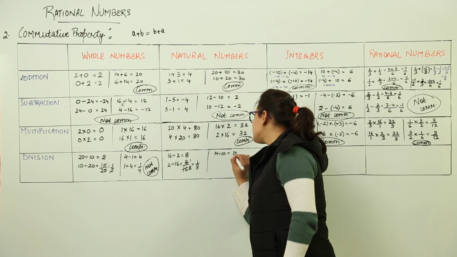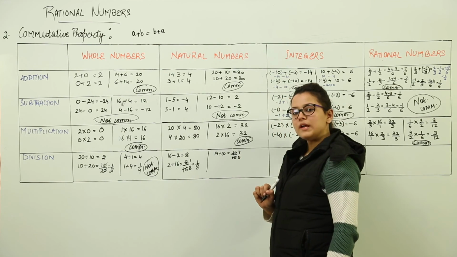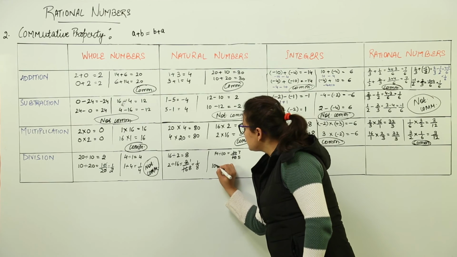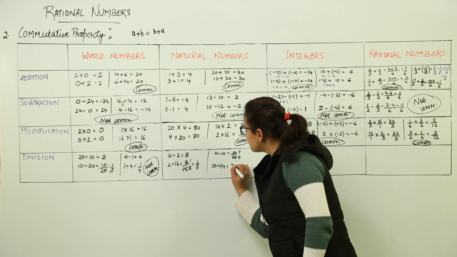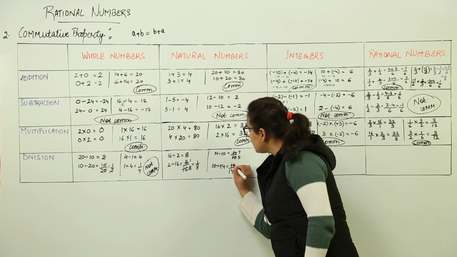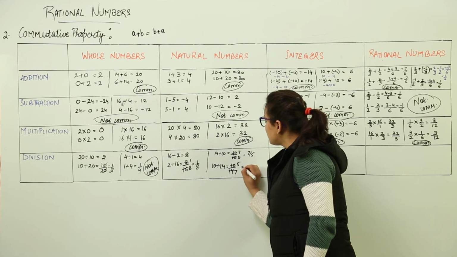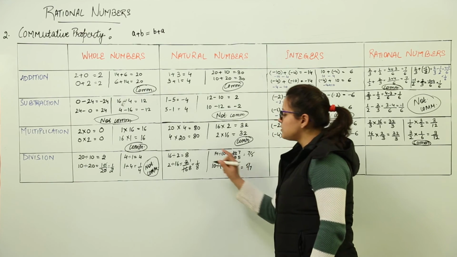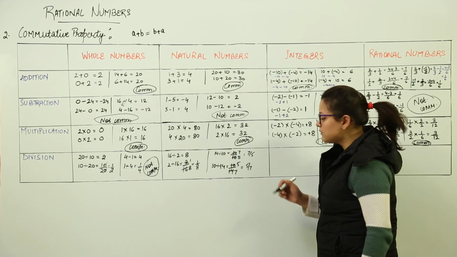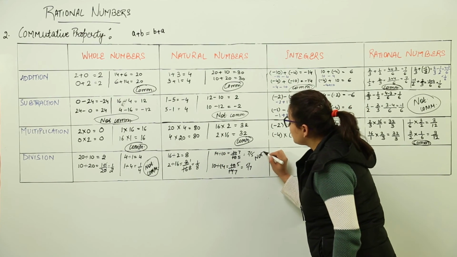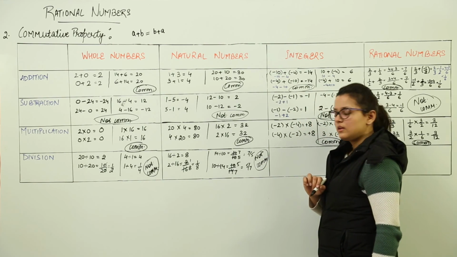You get 14 over 10, or you can write 7 upon 5. But if you do 10 divided by 14, your answer would be 10 over 14, that is 5 by 7. Now you can check here, your answers are coming different in this case also. That means this property is also not commutative, right?